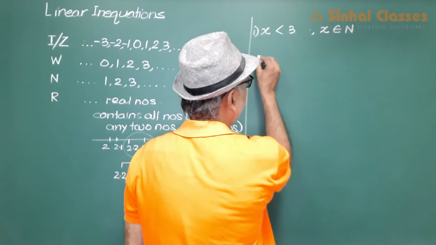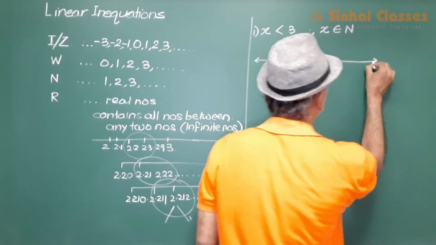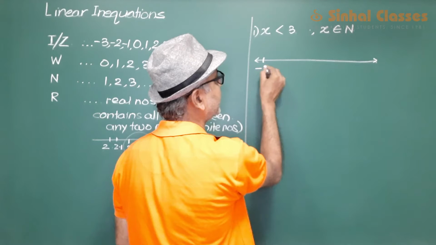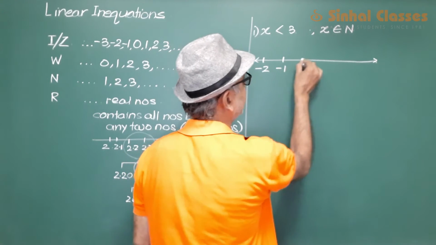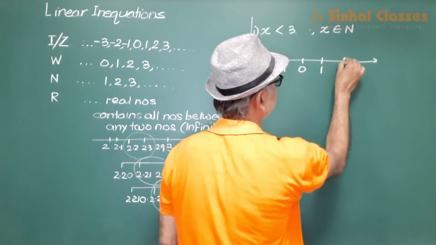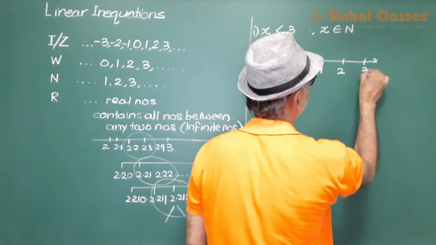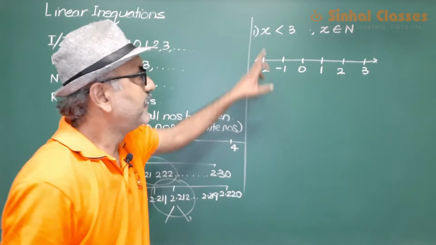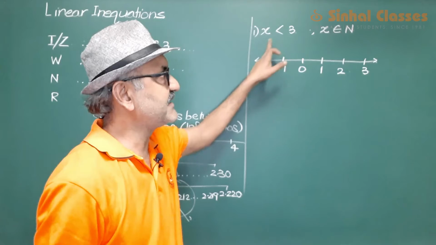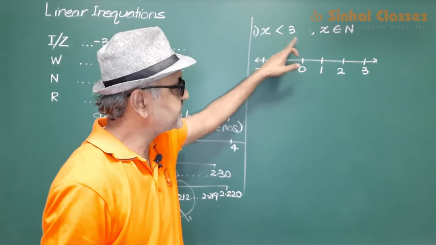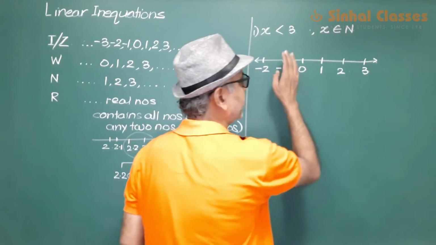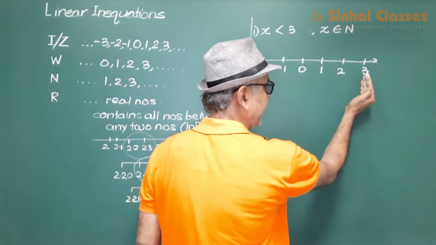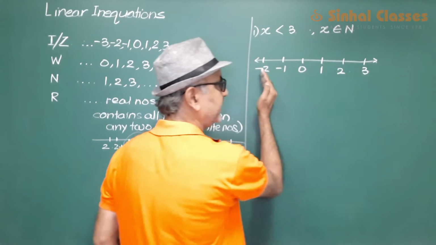Now on a number line, to find all the numbers which are lesser than 3: any number which is lesser than 3 will lie to the left of 3.